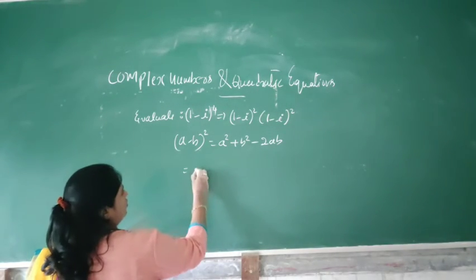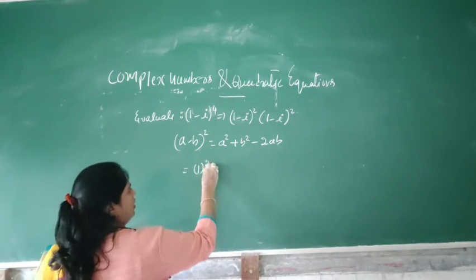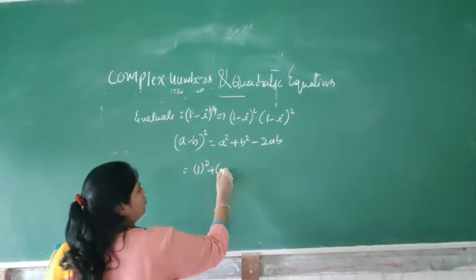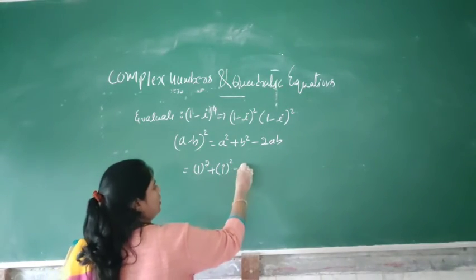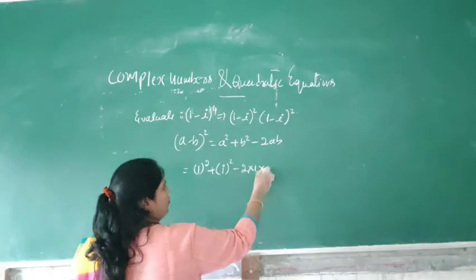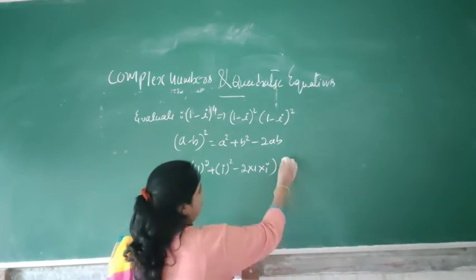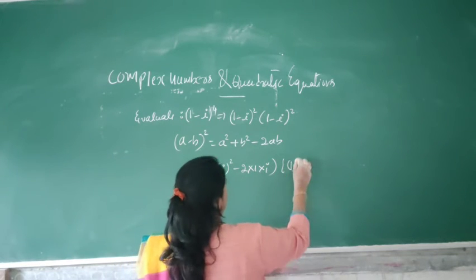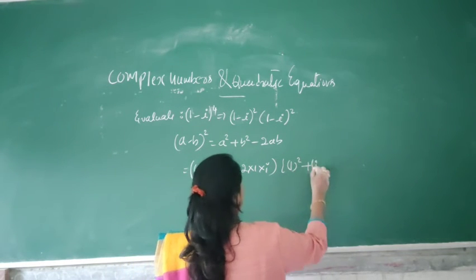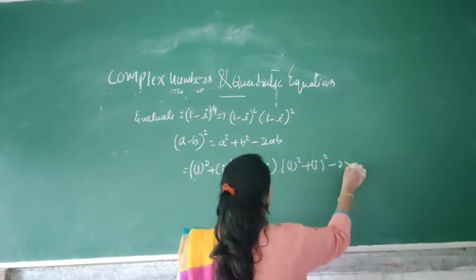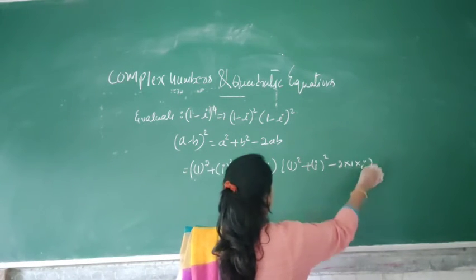So a square is 1 square, b square is i square, minus 2ab. Next, again you write this formula: 1 square plus i square minus 2 into a into b.